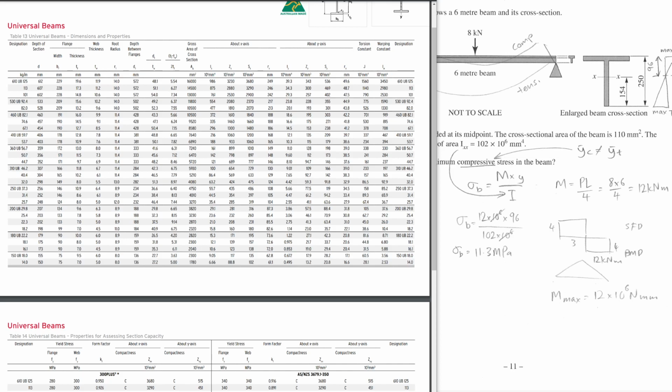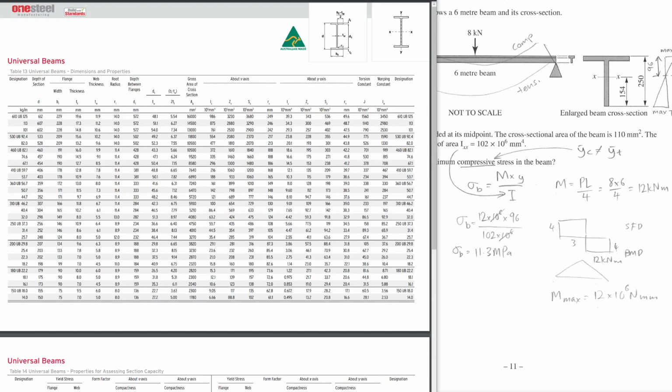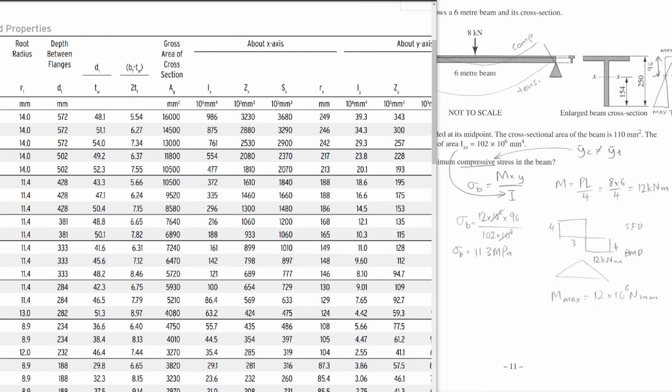And when we're looking at I values, does it have I values? We've got Z. Oh, here we go. We can see all of our I values are given as 10 to the 6 millimeters to the power of 4. I'm just going to zoom in.